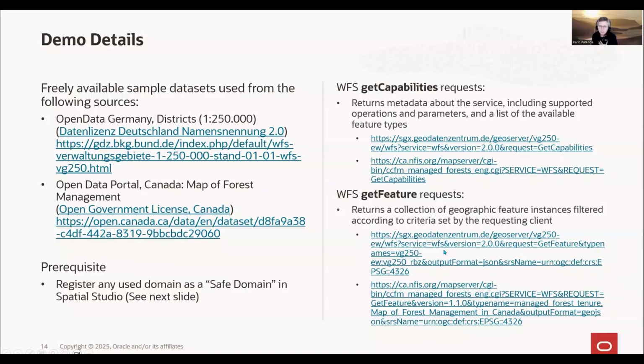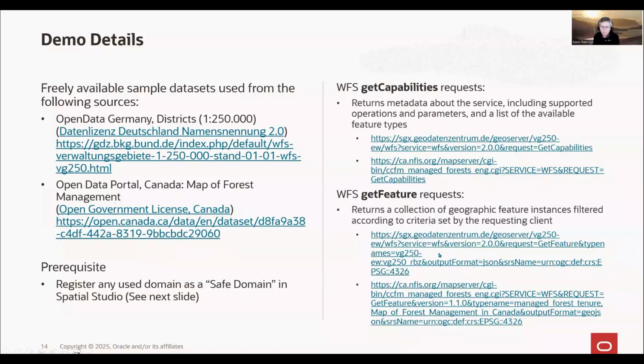What I've done is extract the information I'm looking for from that XML document, especially with regard to which features are provided directly as GeoJSON. Typically, that feature request returns data as GML, but you can specify the output format to directly get GeoJSON. And this is what I've done here. I've defined the output format JSON.